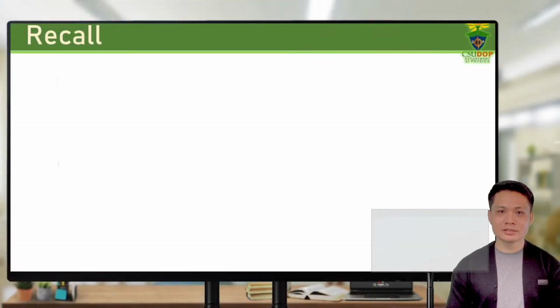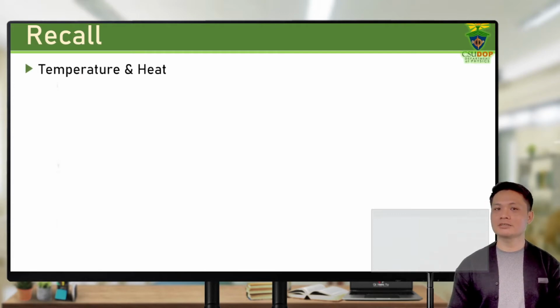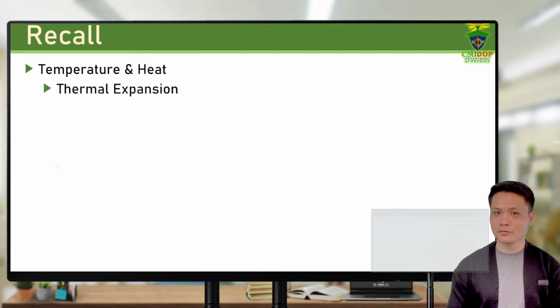Before going into discussing new concepts, let us first review some of the important lessons you've learned in the previous unit. You learned about temperature and heat, where you discussed concepts such as thermal expansion, where any object given some change in its temperature may change in its length, its area, or its volume.